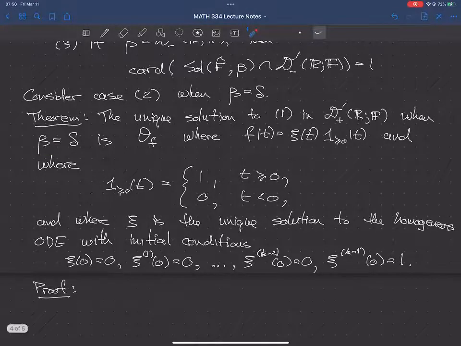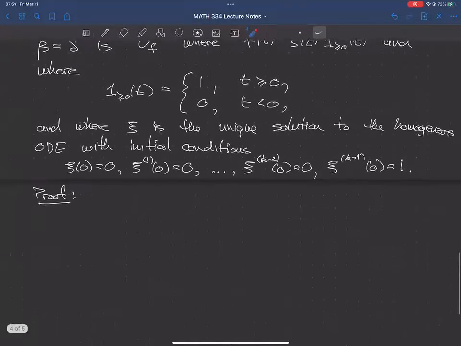This is just a direct calculation using rules for distributions, but I think that's worth doing. Okay, so let's make a couple of observations to get started.